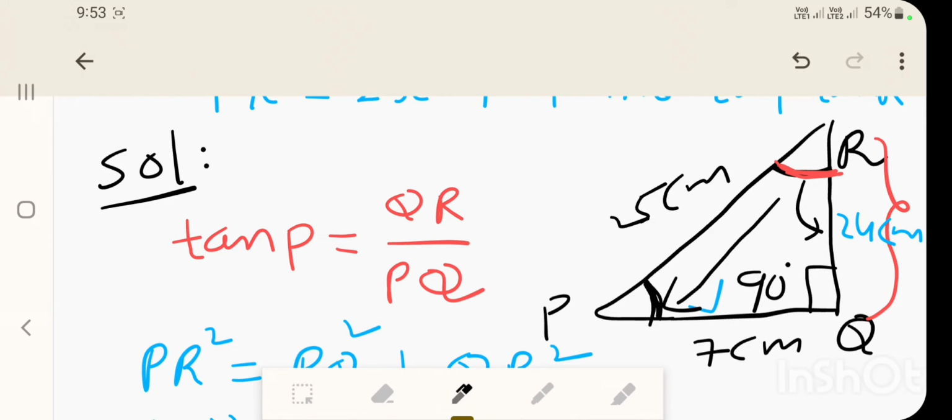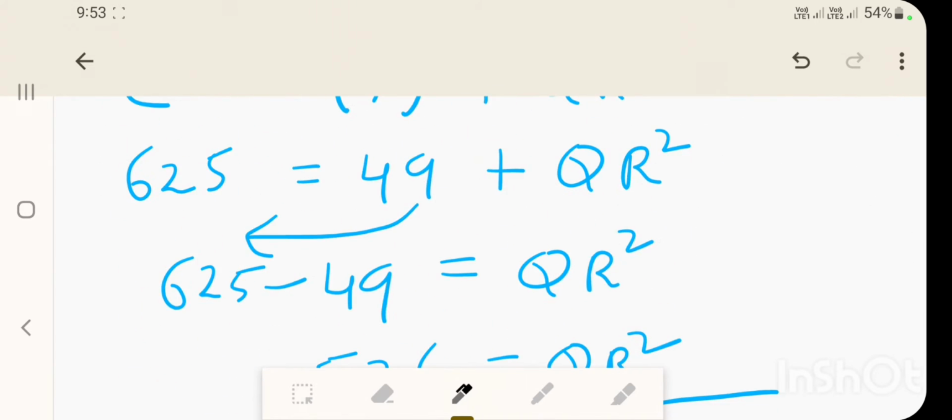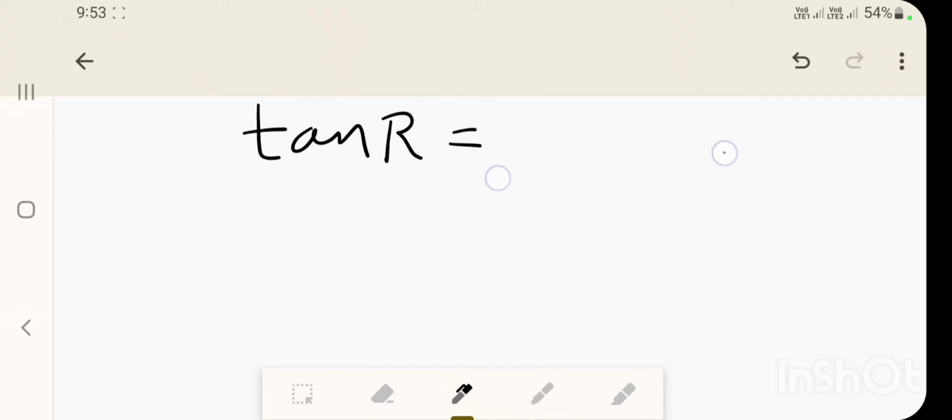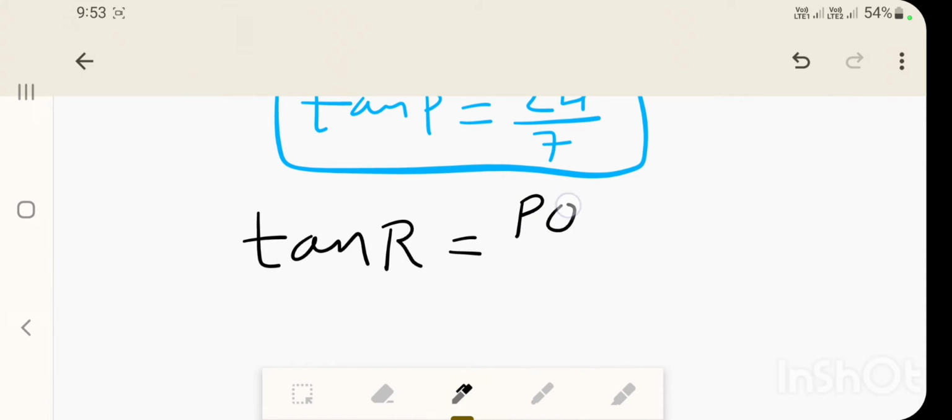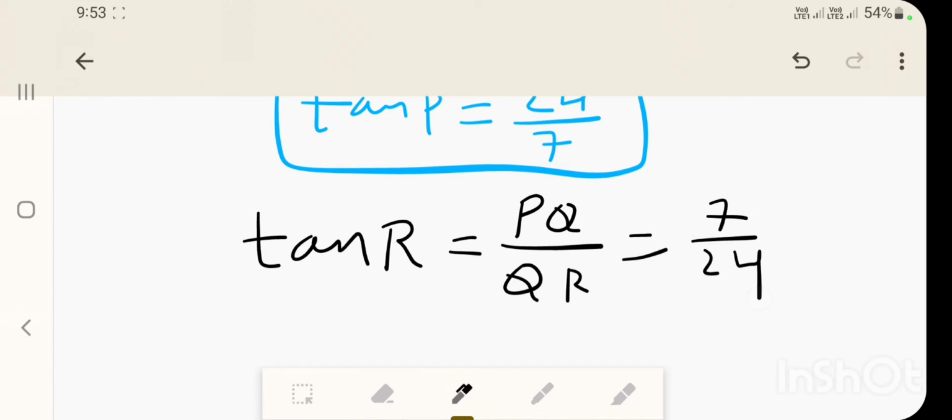So we get tan R is equal to PQ by QR. So that is going to be 7 by 24.